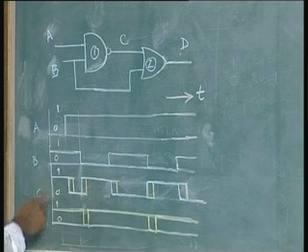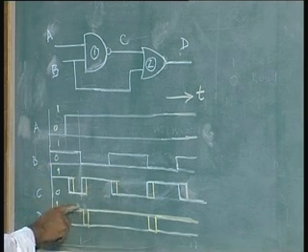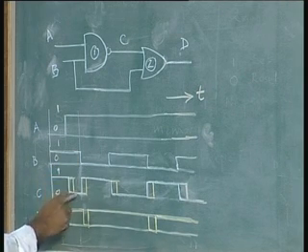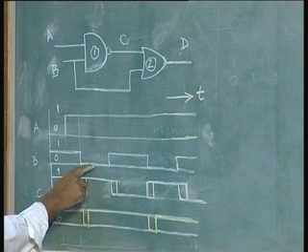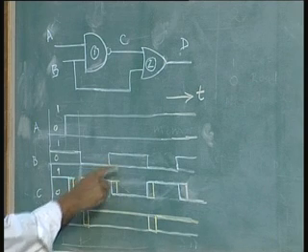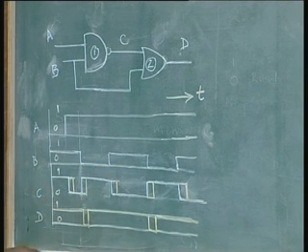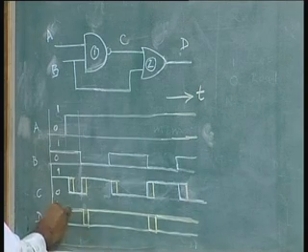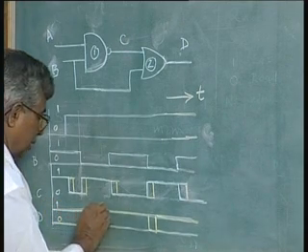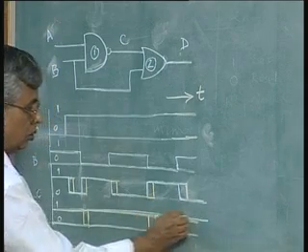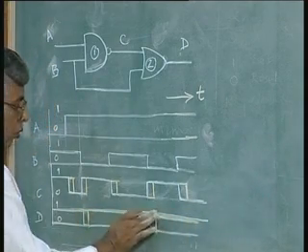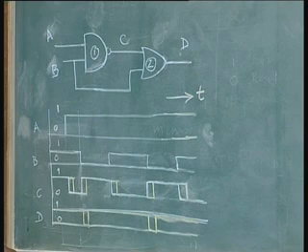This is 1, this is always 1, and when this becomes 0 this is still 1, when this becomes 0 this is 1. So, either of B or C is always 1, which means D will be 1 continuously. Why I am explaining this, I will tell you in a minute.